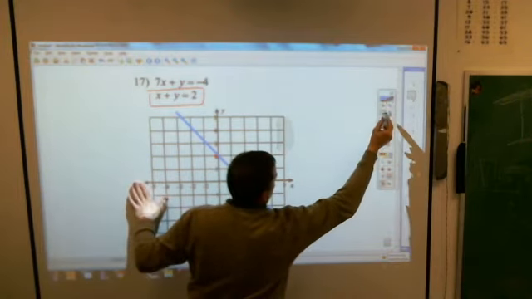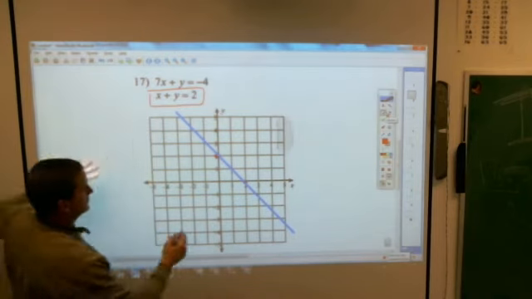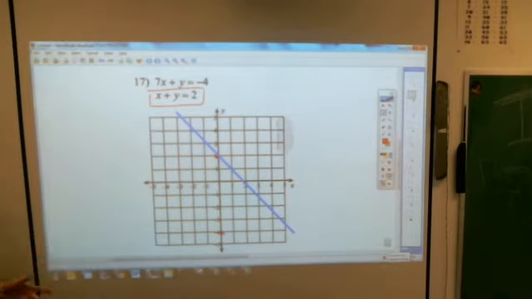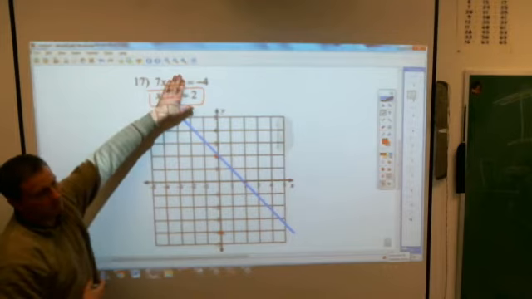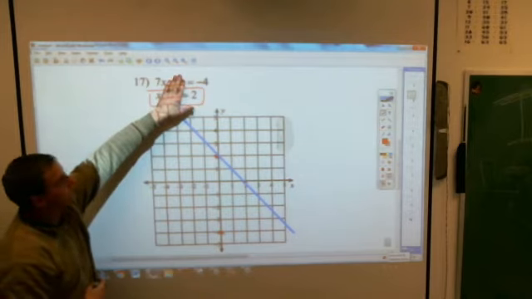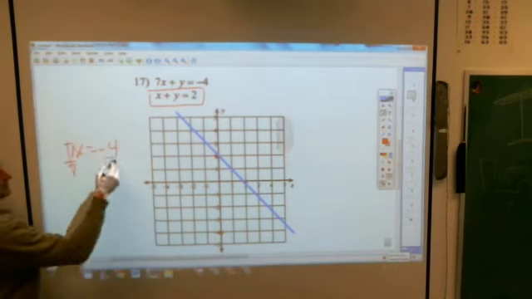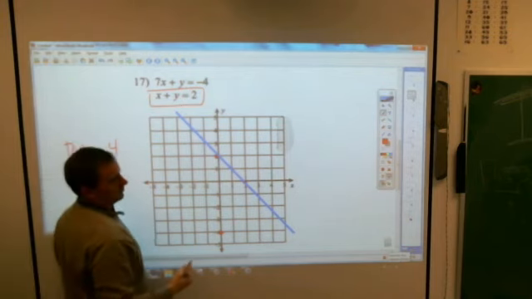Sorry, y is -4. The problem with this is, to get the x-intercept, it's going to be a fraction, which is what? Anybody know? 0.57. Yeah, you get 7x equals -4, so you have to divide by 7. You get -4/7. And the problem with that is you're looking for a specific point.